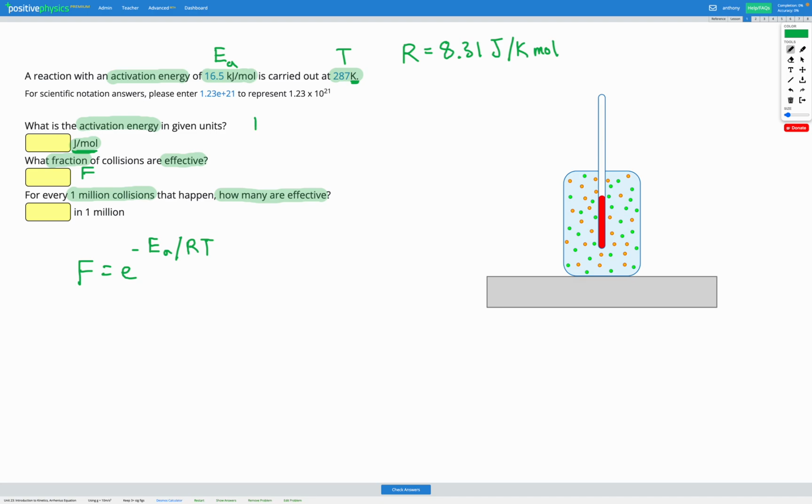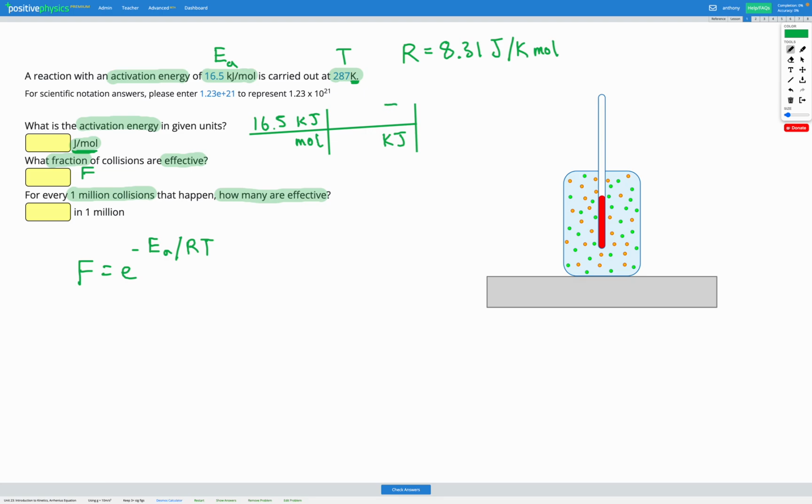So we have 16.5 kilojoules per mole, and we want to convert that into just joules per mole. So I'm going to use dimensional analysis for this. So I need to change kilojoules into joules. So I'm going to put kilojoules on the bottom so they'll cancel with my kilojoules in my unit.